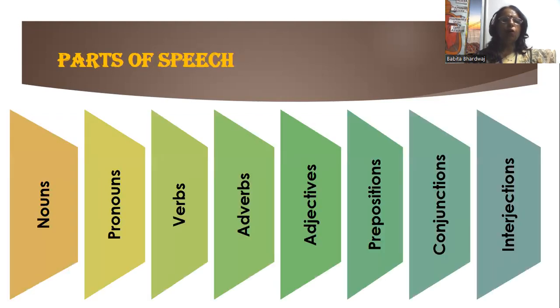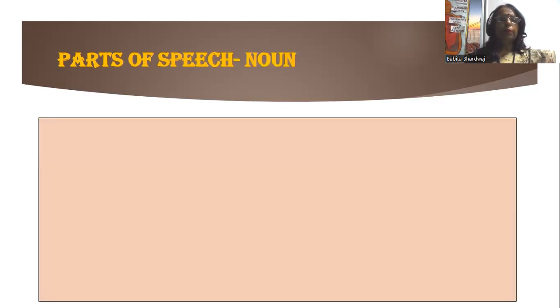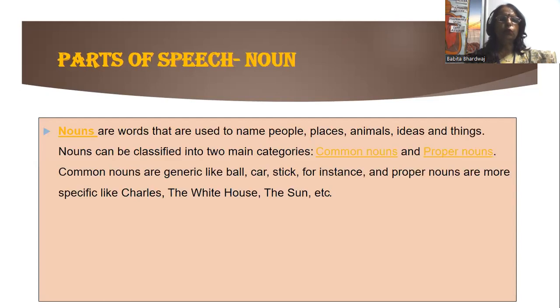Now let us see which parts of speech there are. If you see a complete sentence, there may be nouns, pronouns, verbs, adverbs, adjectives, prepositions, conjunctions, and interjections. Here we'll be starting with nouns first.